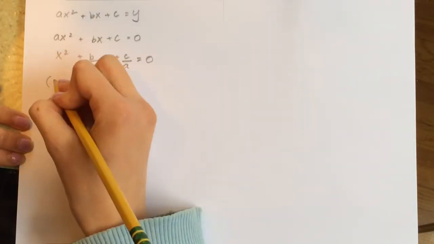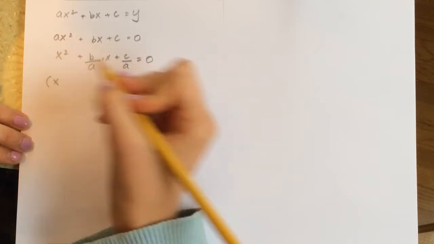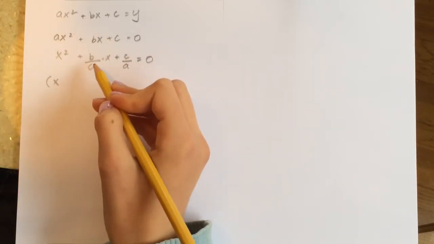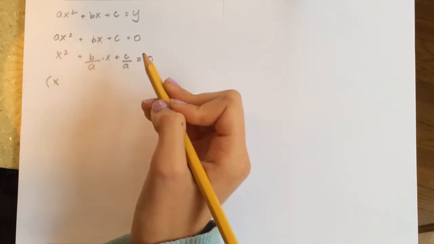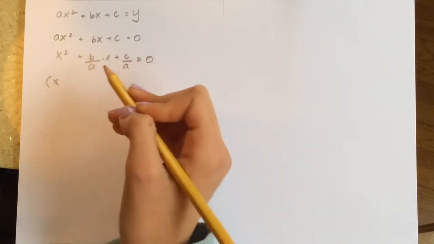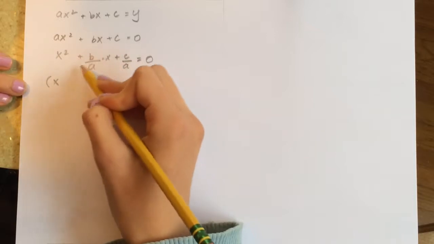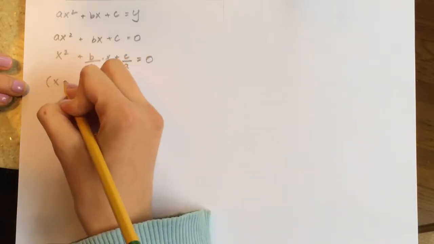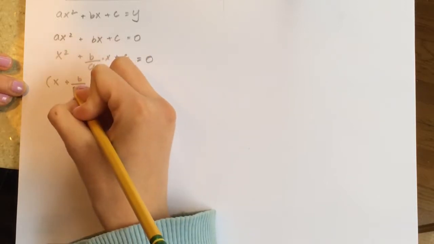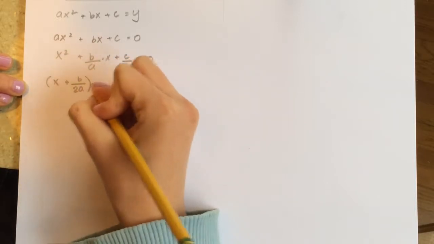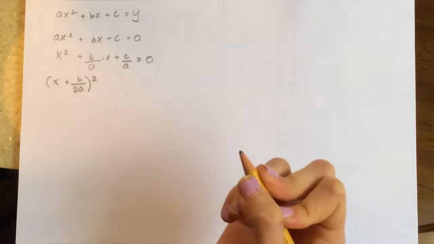We know x squared is x times x. And we know, using the second term, which is 2ab, that b divided by a is 2 times something times x. So this term right here is really b divided by a divided by 2, which is b divided by 2a. This whole thing's squared.